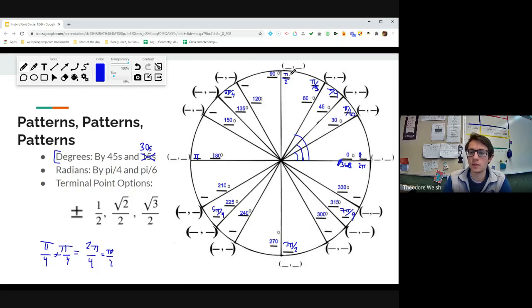Plus pi over 6 is pi over 2, or 3 pi over 6. Another pi over 6 would give us 4 pi over 6. So we're just adding pi over 6. 4 pi over 6 would simplify to 2 pi over 3.